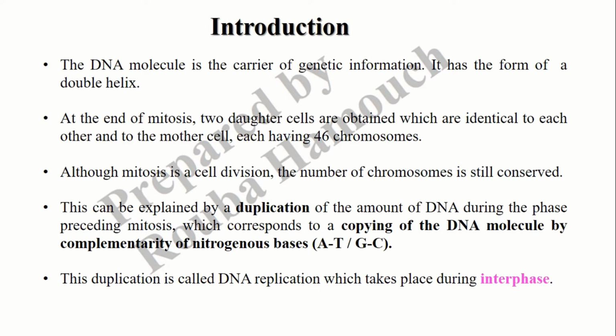This can be explained by the duplication or the replication or the copying of the amount of DNA during interphase. And this copying of the DNA molecule is done by complementarity of nitrogenous bases. A pairs with T and G pairs with C.